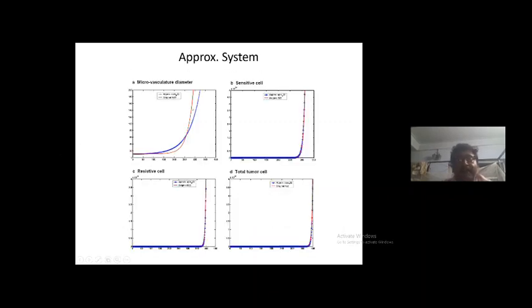But in the growing condition, when the tumor has fully grown, then it's expected that it cannot predict very perfectly. But we basically make this approximated system to make the a priori prediction. So in that sense, it is successful.